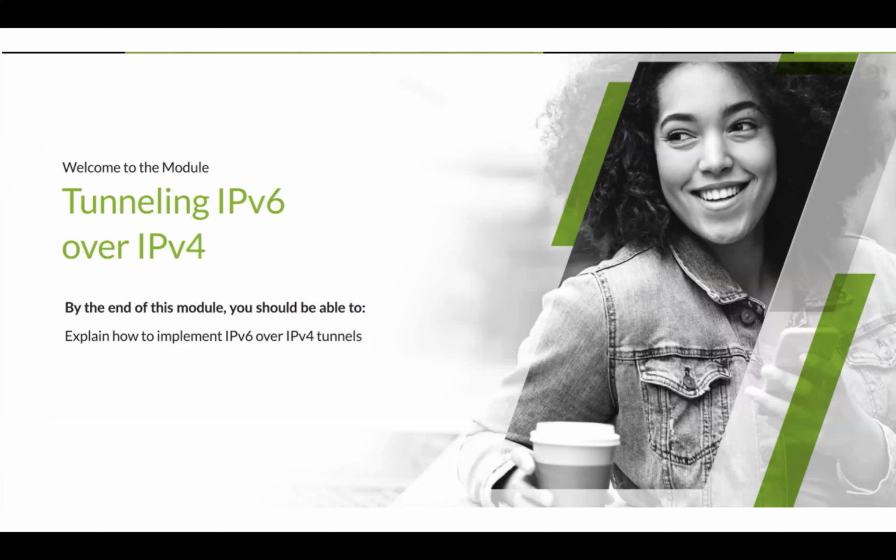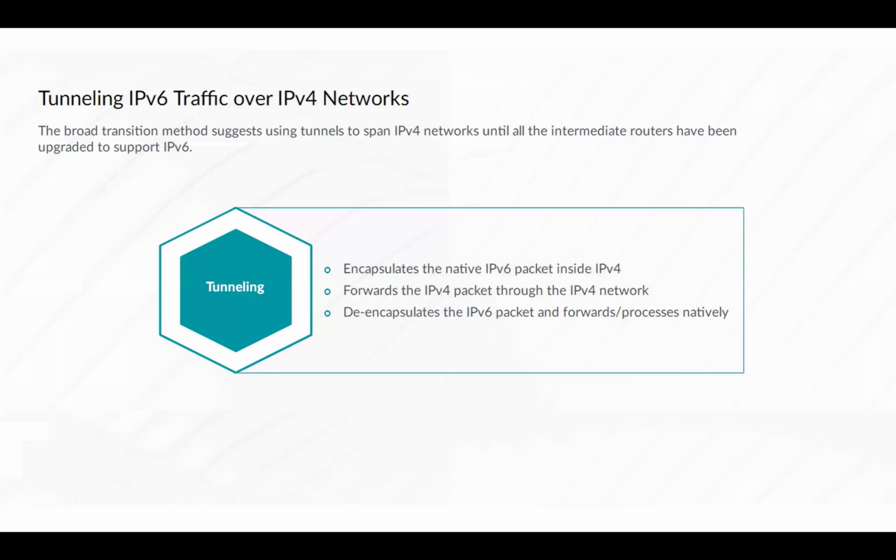The next section is tunneling IPv6 over IPv4. You can send IPv6 packets through an IPv4 tunnel. So there is one example here, tunneling IPv6 traffic over IPv4 networks. See here, encapsulate the native IPv6 packet inside IPv4, and forward the IPv4 packet through the IPv4 network.